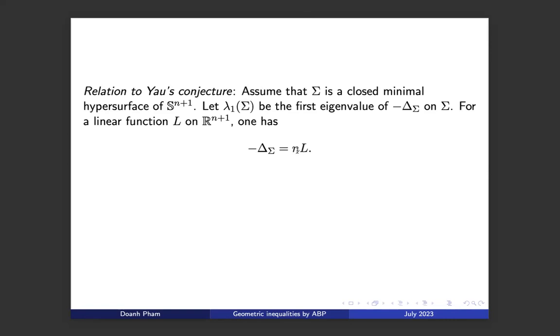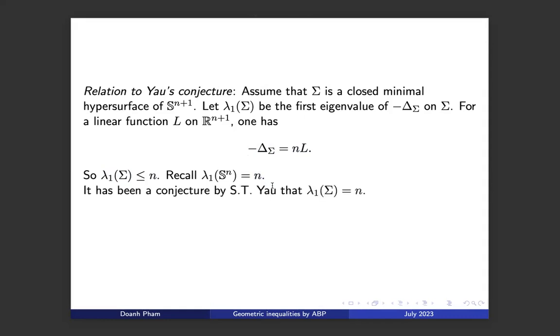If we look at a linear functional L on R^(n+2) and its restriction to the unit sphere, then the linear functional solves negative Laplacian of L equals n L. So n is an eigenvalue, and because of that, the first eigenvalue has to be less than or equal to n. We recall the fact that the first eigenvalue of the unit sphere of dimension n is n.